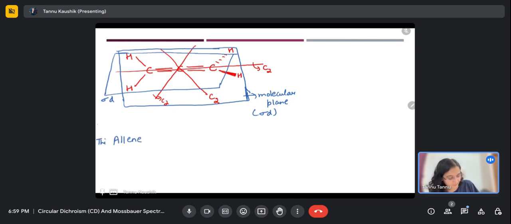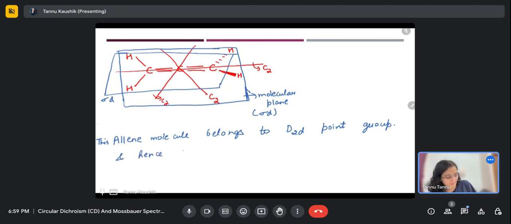So this allene molecule belongs to D2d point group, and hence it is chiral.